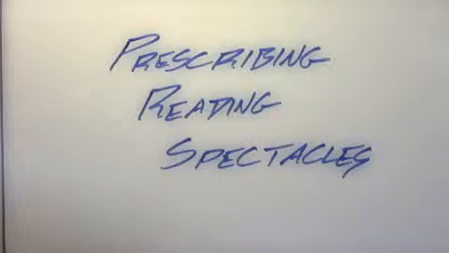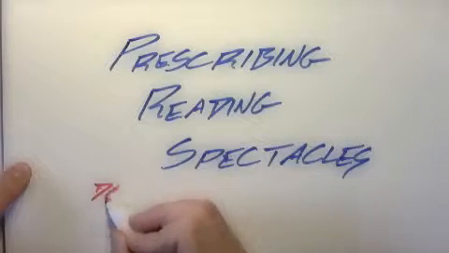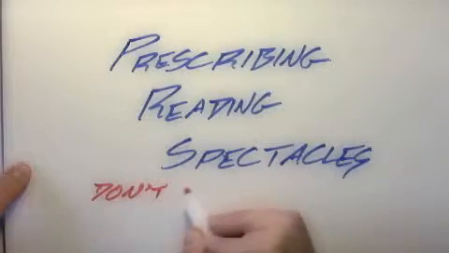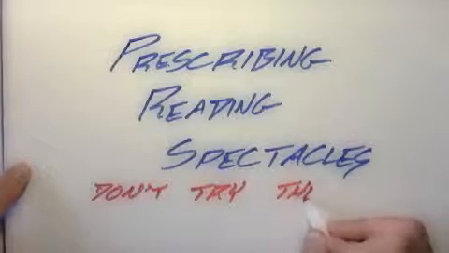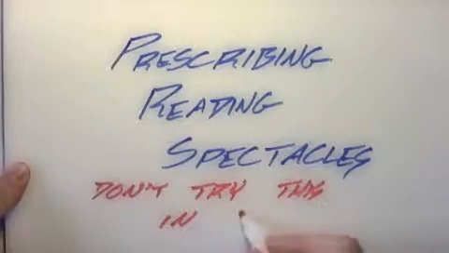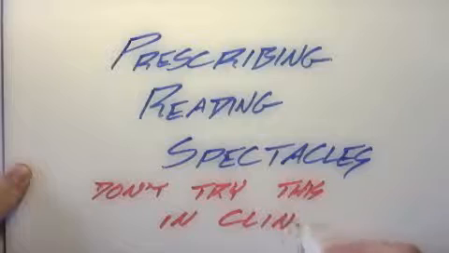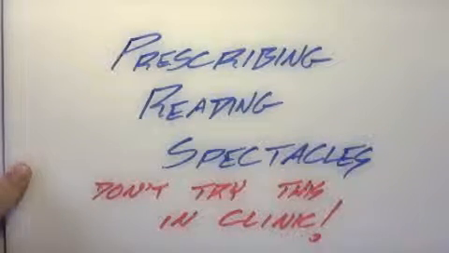I promised to discuss accommodation in piecemeal fashion, and this is a small piece of it. Prescribing reading spectacles, and all that I'm going to add to this is don't try this in clinic. But don't quote me on that.